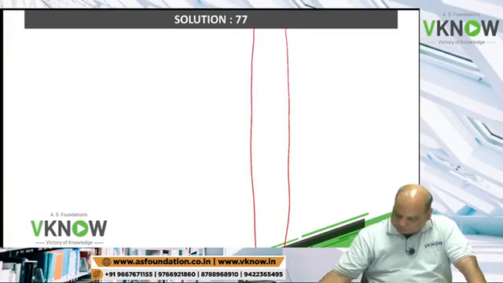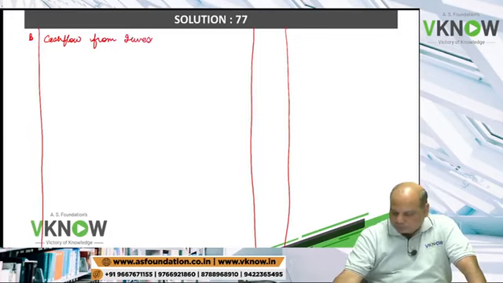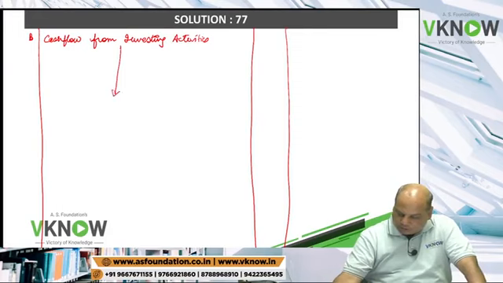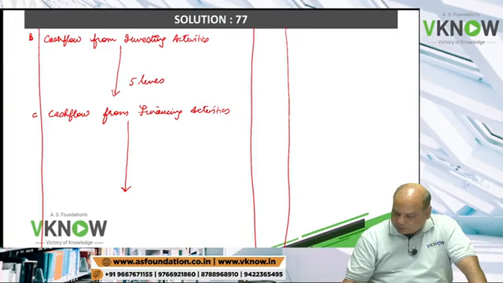Next, point B, cash flow from investing activities. Keep 5 or 6 lines blank. Point C, cash flow from financing activities. Keep about 7 lines blank.